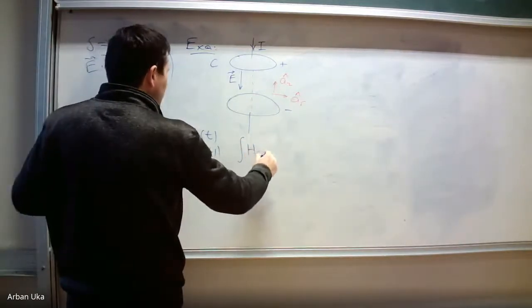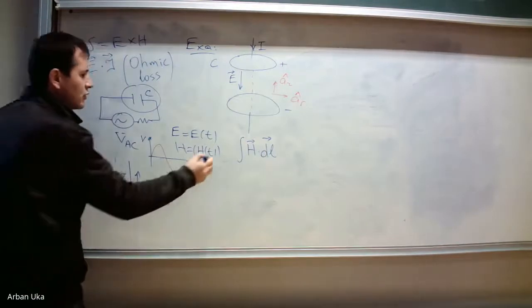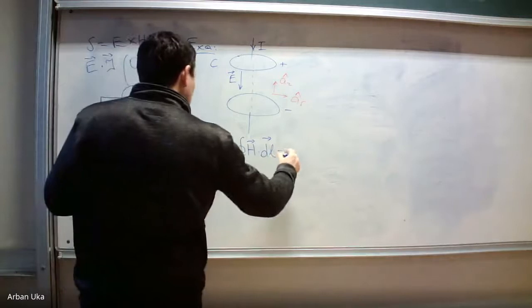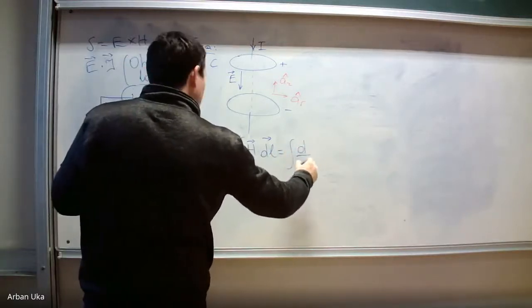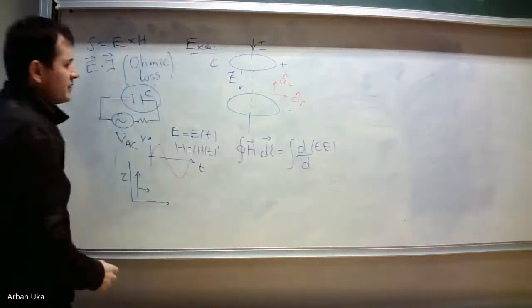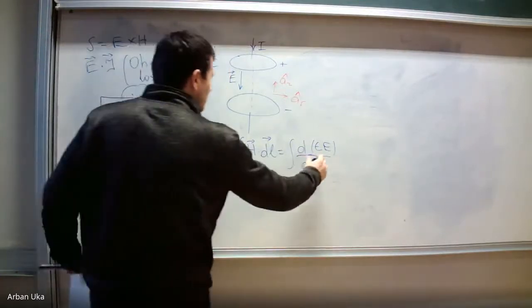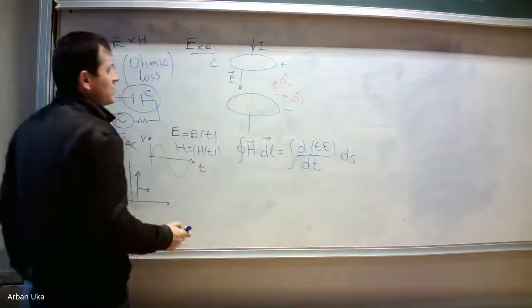The coupling of E and H is shown by Maxwell's equation, and we can write this expression. The closed line integral of the magnetic field intensity is equal to the rate of change of the displacement vector D, which is epsilon, the permittivity, times the electric field, d over dt, times ds. How do you understand this?